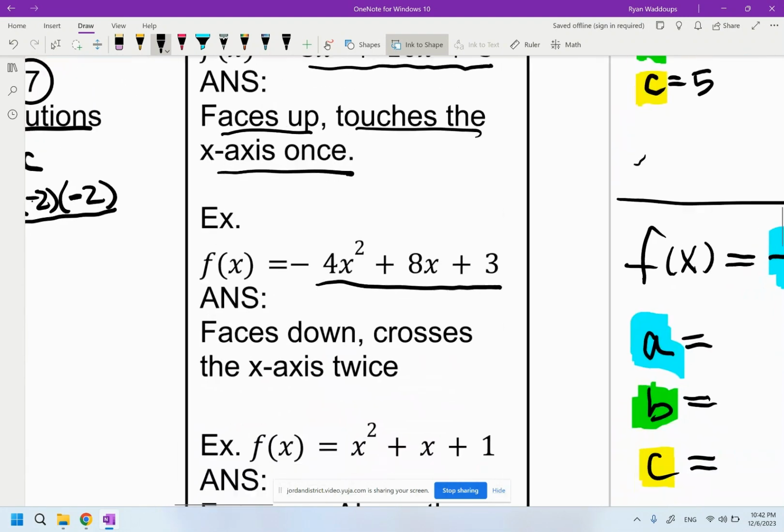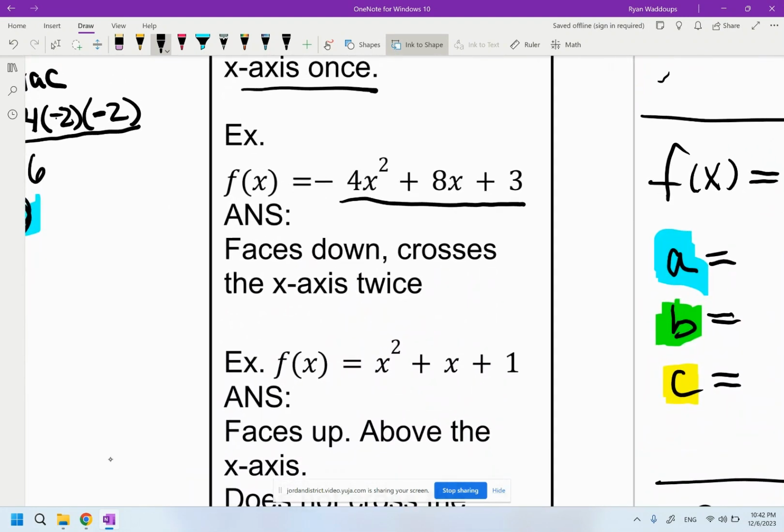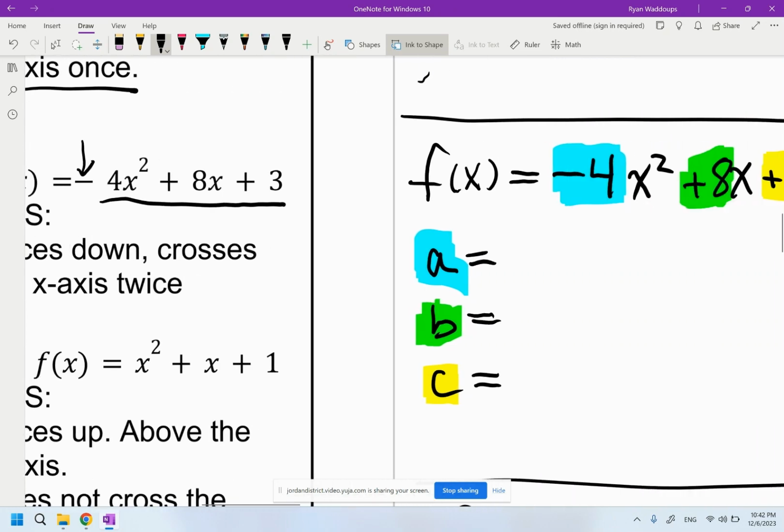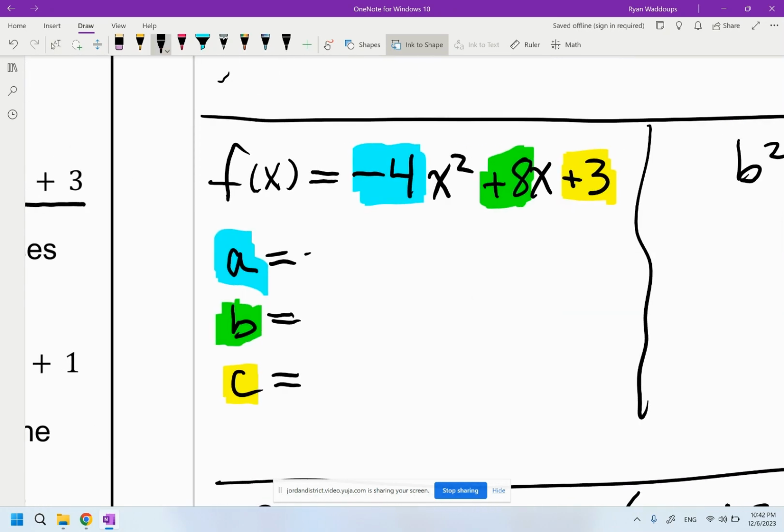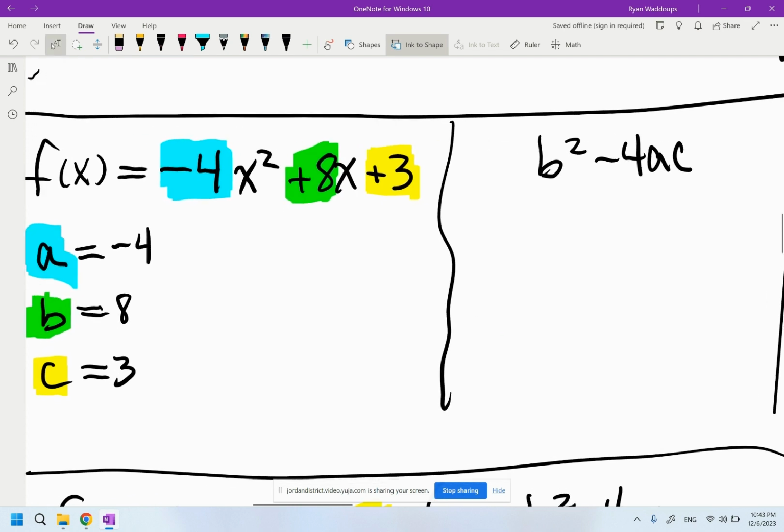All right, we look at this next one. It's negative 4x squared plus 8x plus 3. And I've copied it over here. So A is negative 4, B is 8, and C is 3. So I can plug those values into my discriminant.